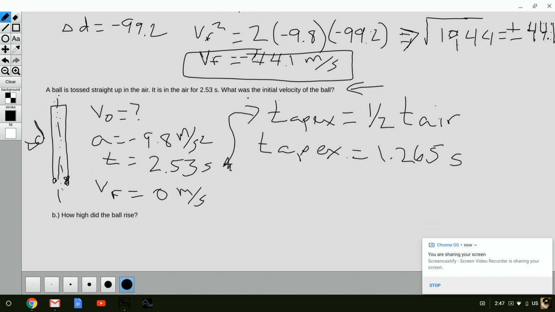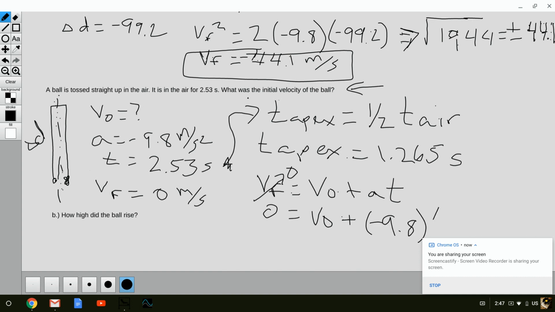So if I wanted to, now I would just use this equation here: Vf equals V naught plus AT. And this time Vf is 0. So 0 equals my V naught plus a negative 9.8 times the time, which is 1.265.